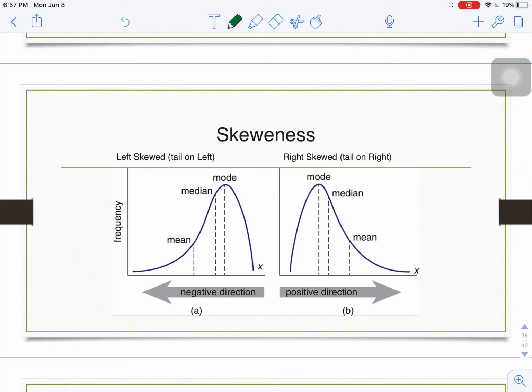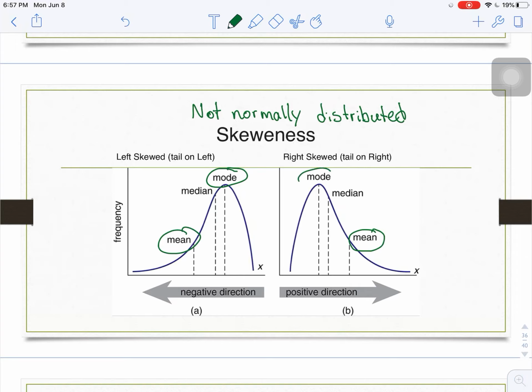We will talk about skewedness. We have the left skewed. You can see that since it's not normally distributed, I'm going to put emphasis on it. Not normally distributed. The reason why I want to emphasize it is because if you take a look, your mean is not at the peak.